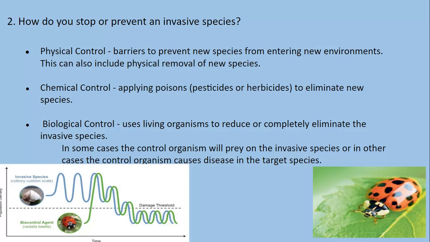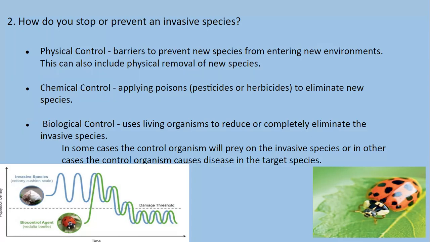And this can also include physically removing that species. Chemical control, this would be applying some kind of poison like a pesticide or herbicide to eliminate that species. And then biological control is using other living organisms to reduce or completely eliminate that invasive species population.